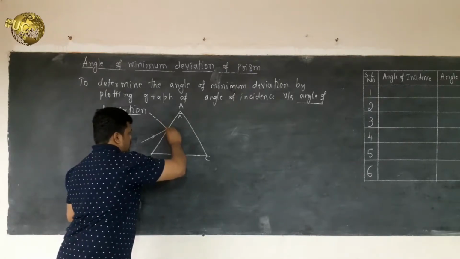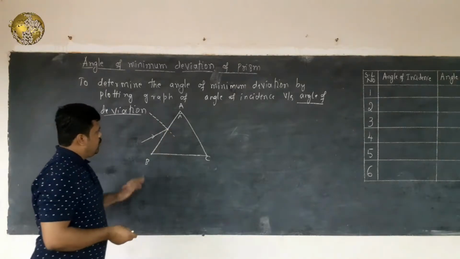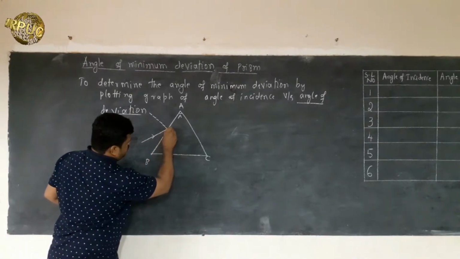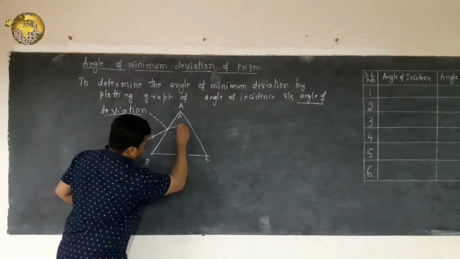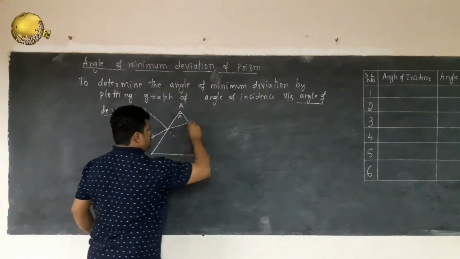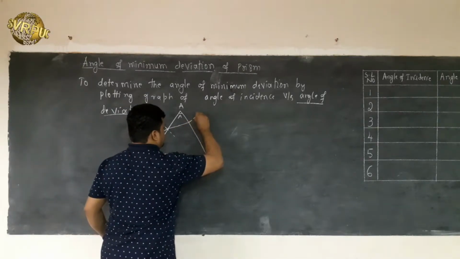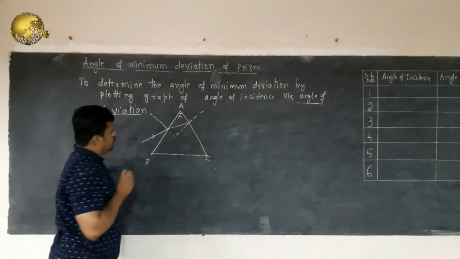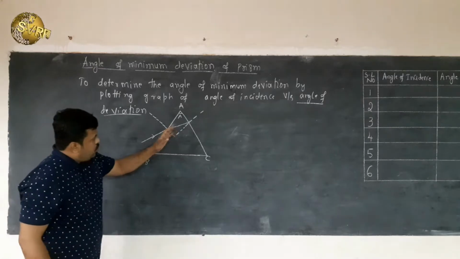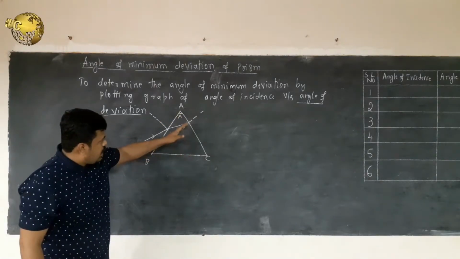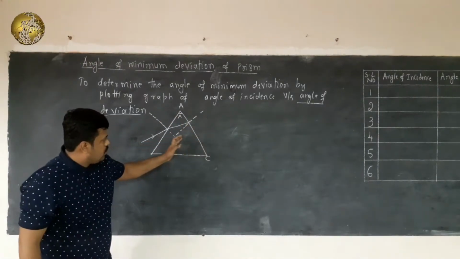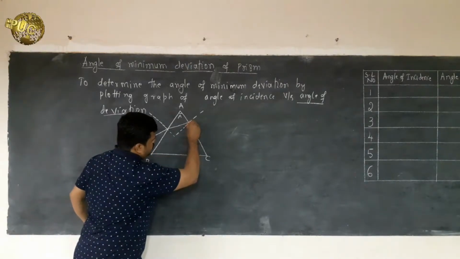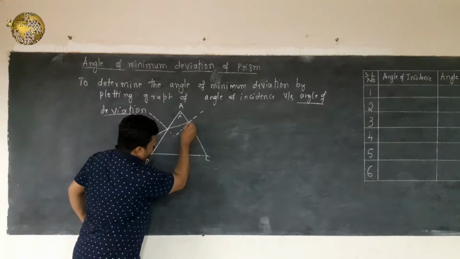The light will bend towards the normal. Let's say it bends like this. Again, let's draw a normal for the surface AC where the refracted light is leaving. Now the light is going out of the glass, so it will bend away from the normal, so you can expect the deviation like this.